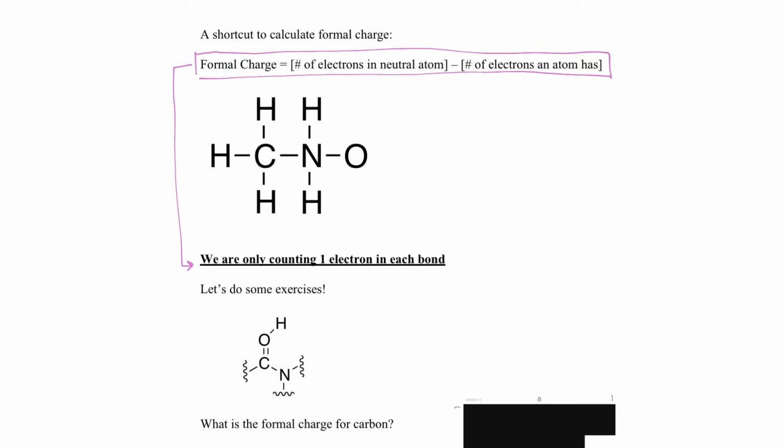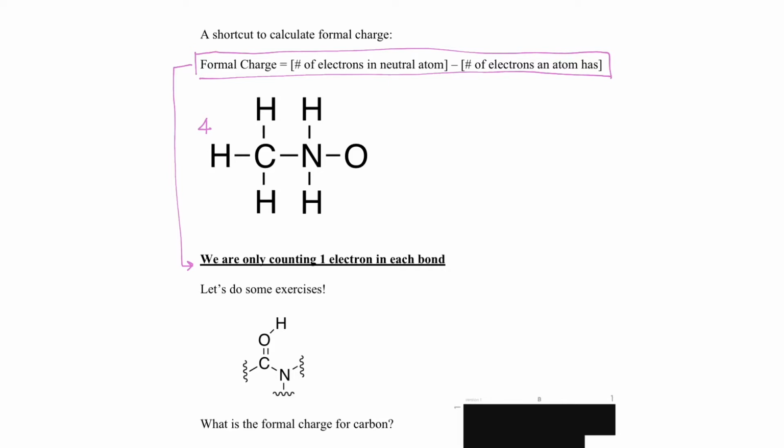And we're only counting one electron in each bond, so I'm just going to draw dots for the electrons that I am counting. So it's going to be 4 minus 4. So it's going to be 0.